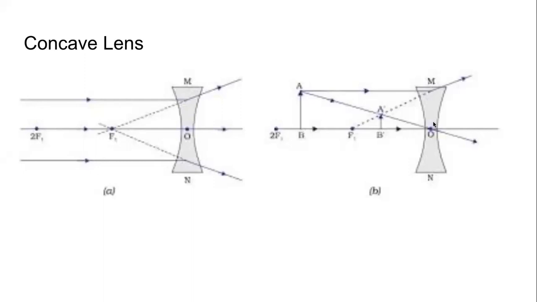First case, we already know. If the object is at infinity, then all the light coming from the object will be practically parallel to the principal axis. So after refraction, the light will diverge. It will seem to come from a point, and that point will be the principal focus. This is case 1.